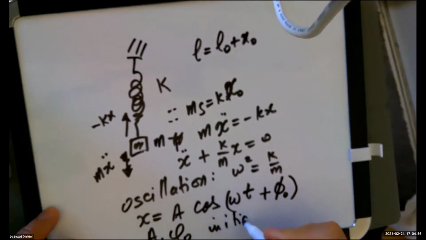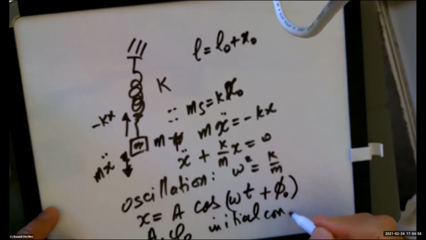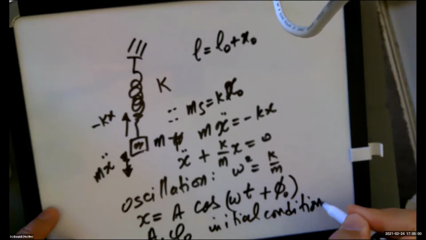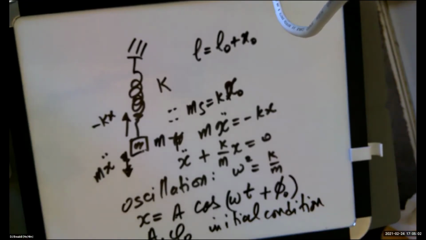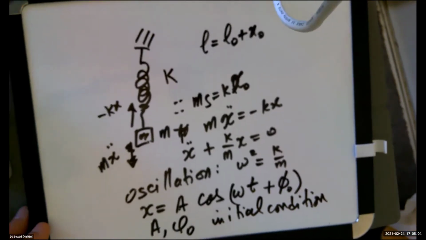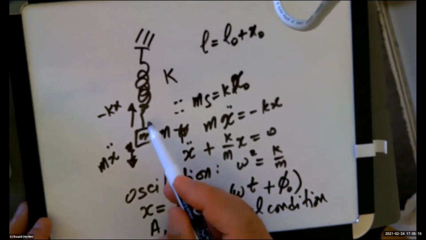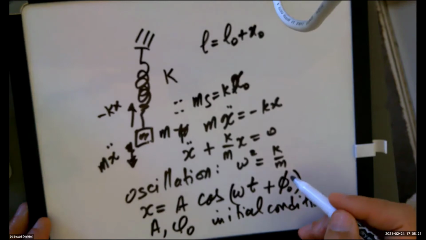Initial conditions. This is more or less what you guys have done, and basically the amplitude of oscillations in this case, and the initial phase shift, which we can take to be 0 if we choose to start the clock immediately after the system is disturbed from its initial conditions.